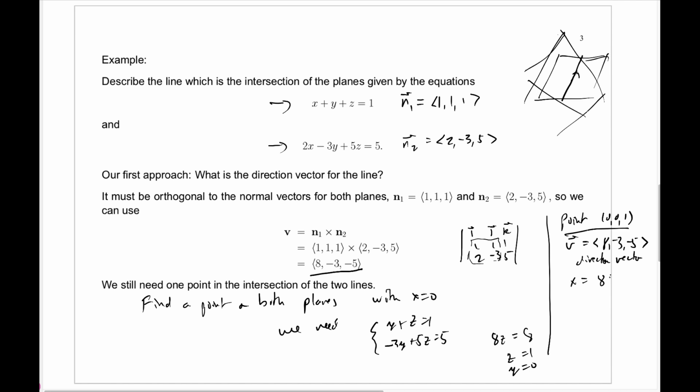So x is just 8t. Y is just, again, 0 minus 3t. And z will be 1 minus 5t. Here we have the parametric equations for the line. And if you want the symmetric equations, you can just solve for t in each and easily write x over 8 equals y over negative 3 equals z minus 1 over negative 5.